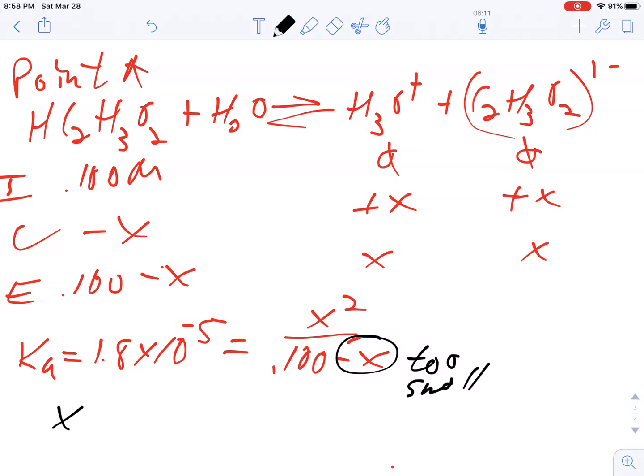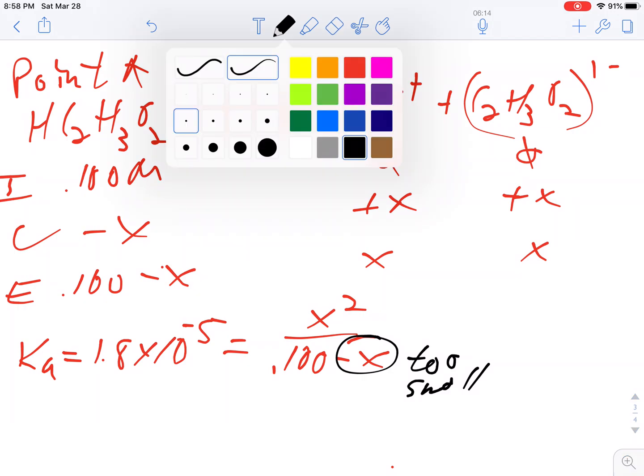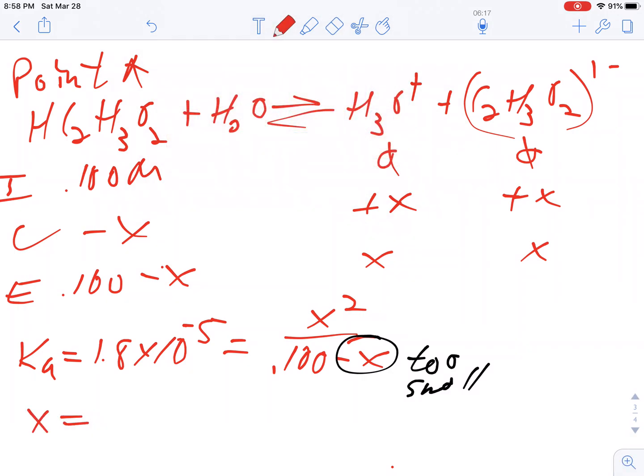And so then when we solve for x, I get 0.00134 molar of H plus, and then my pH is going to be the negative log of that.